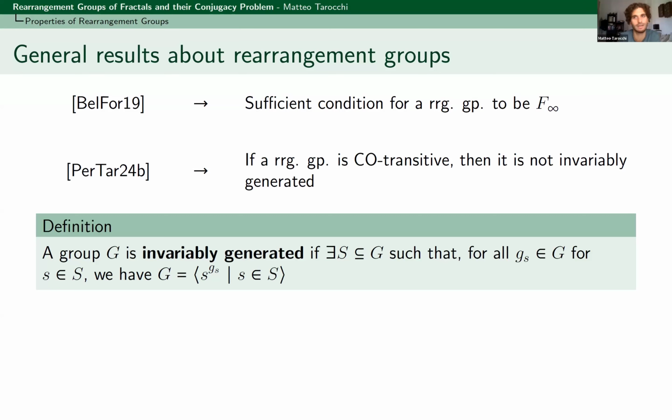Finite groups have this property, but that might sound trivial. For less trivial examples, the Houghton groups, the Thompson group F, and the Grigorchuk group all have this property. So plenty of interesting groups actually have this property. And in our case here, we proved that most rearrangement groups, like all of the aforementioned rearrangement groups, are not invariably generated because they are very transitive. They can move large chunks inside small chunks.